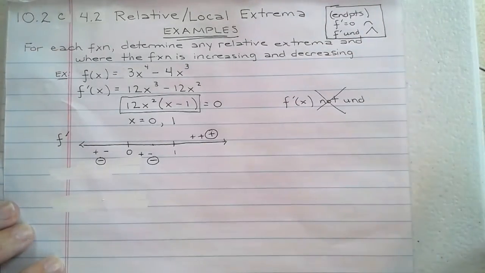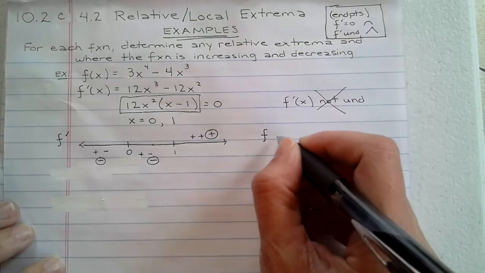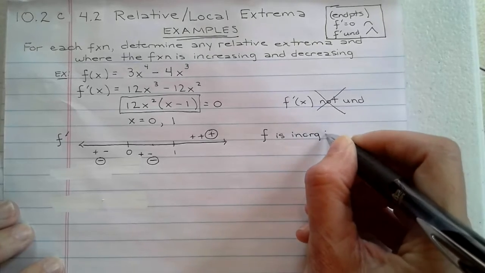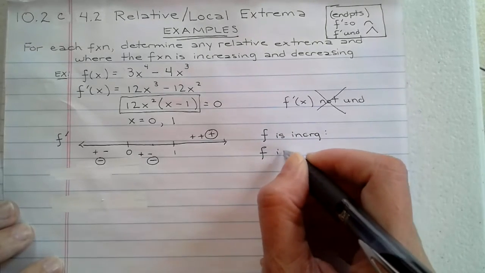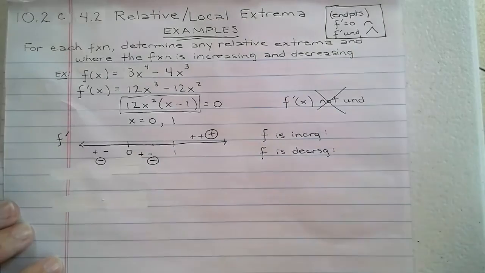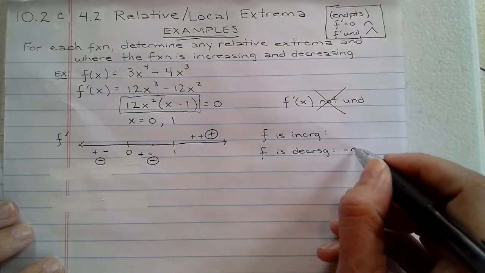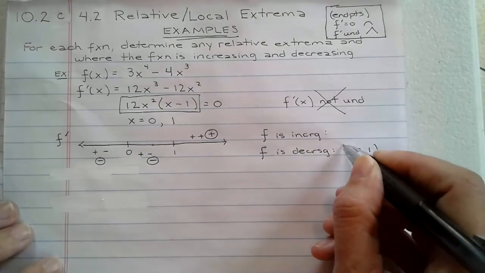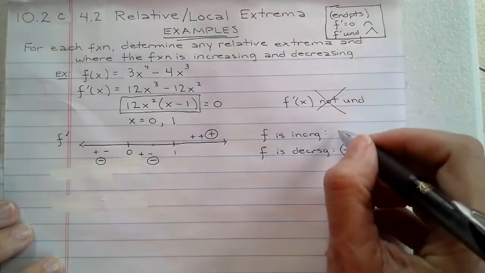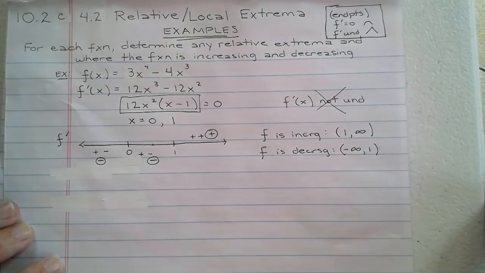So we can easily determine where the actual function f is increasing, and where f is decreasing, going downhill, just by looking at the slopes. f is decreasing from negative infinity to 1. It has negative slopes. Then f is increasing on 1 to infinity because its derivative, its slopes, are positive.